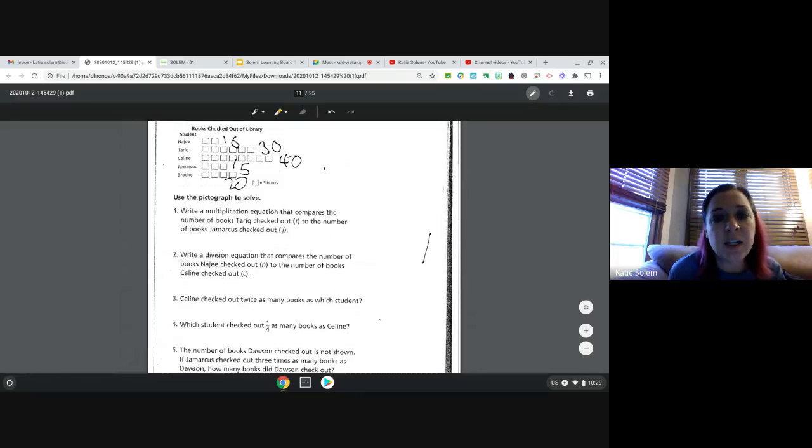Write a multiplication equation that compares the number of books Tariq checked out to the number of books Jamarcus checked out. So we need to look here and think, okay, who had more, Tariq or Jamarcus? Well, Tariq had 30, Jamarcus had 15. So I know that Tariq had more.